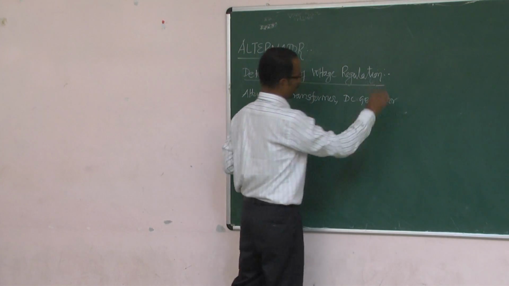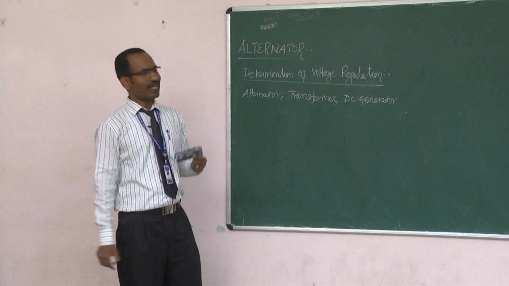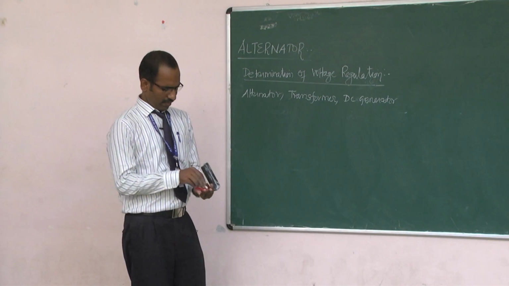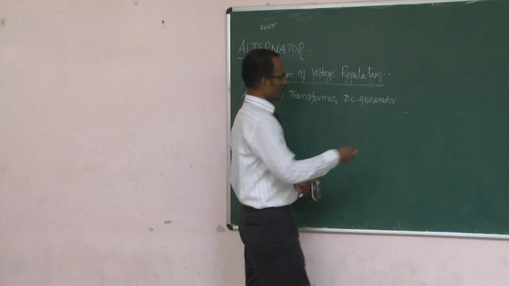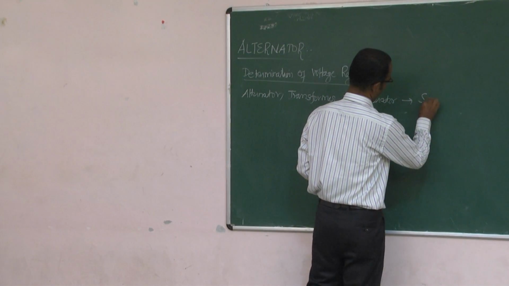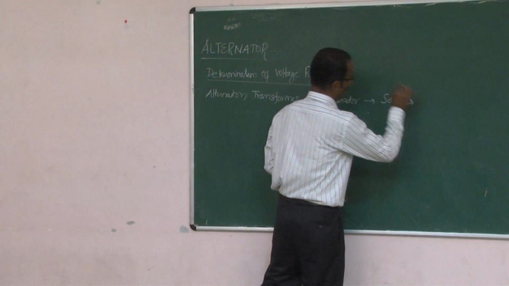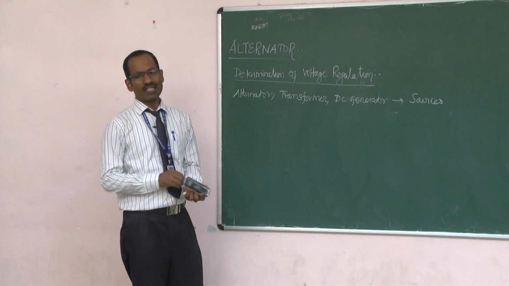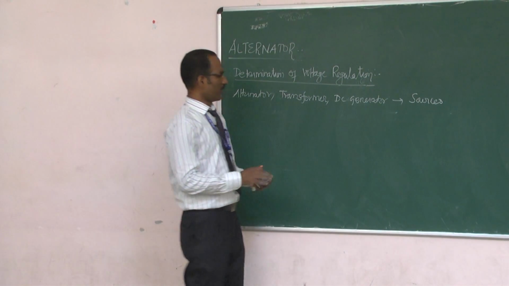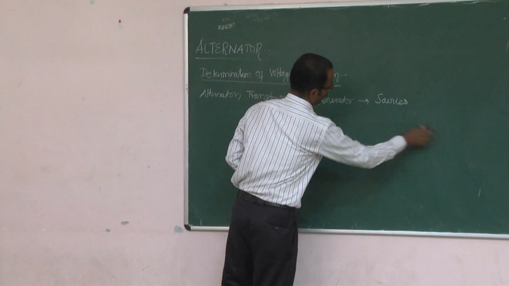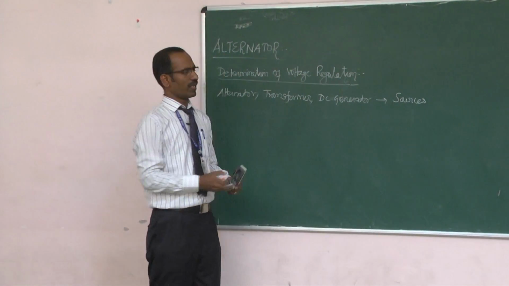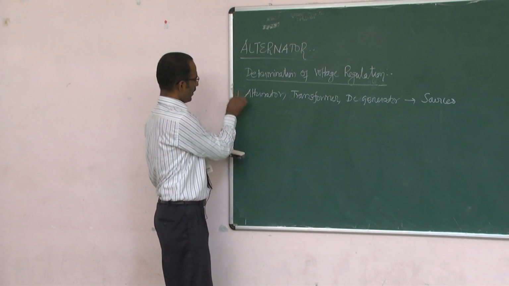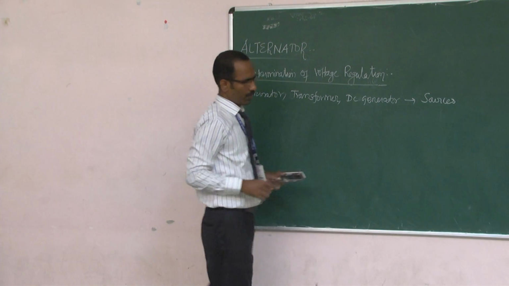We are calculating the voltage regulation. What is the necessity? Why do we have to calculate the voltage regulation for the device? Because these are considered as the sources. From these only we are getting the power supply. The motors are considered as the load. No need to find the voltage regulation on the load side. So we are always calculating the regulation for the alternators. What is the necessity? Why are we calculating the voltage regulation?